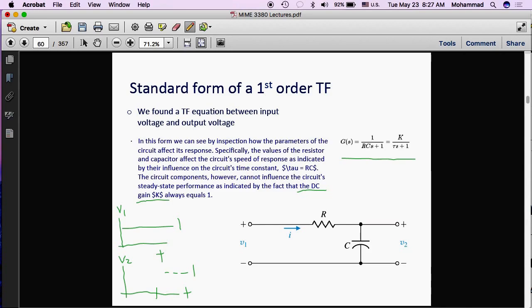So it takes RC seconds to get to 0.63. So this is the value here, would be 0.63. 63% of 1 would be 0.63. So we'll pass through this point to go to the steady state. So the response would look like this.